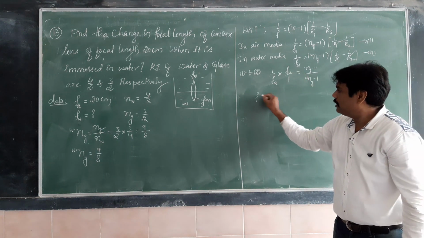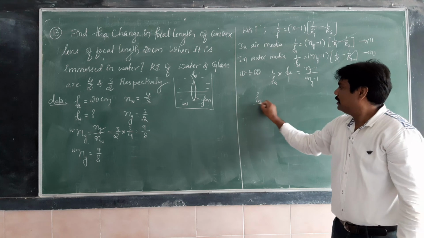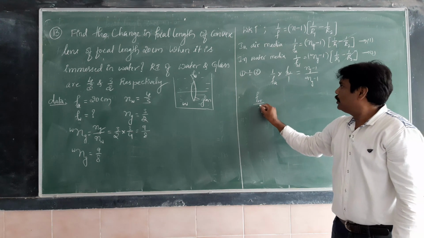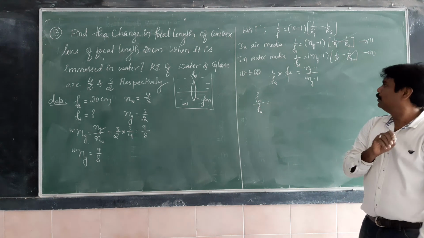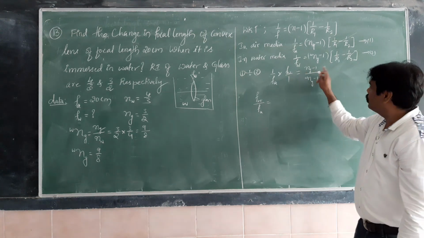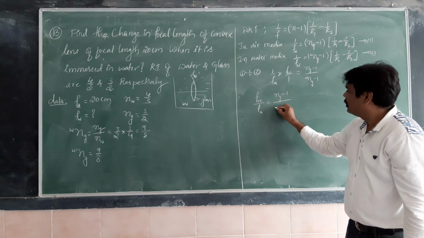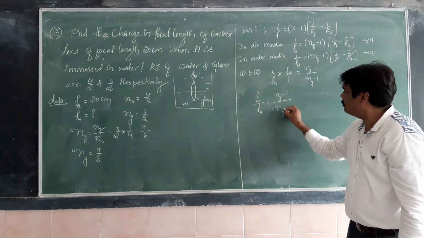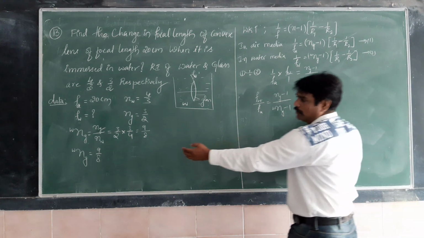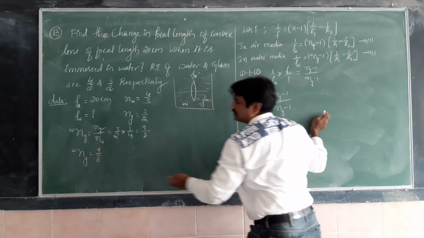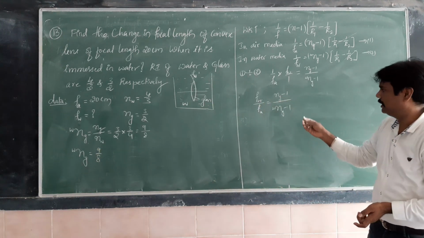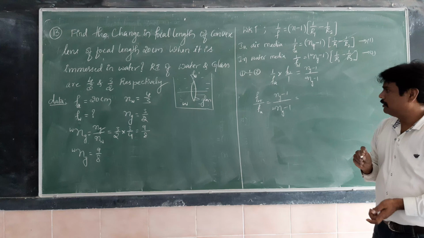So the formula can be written in the next step as Fw divided by Fa is equal to (ng minus 1) whole divided by (nwg minus 1). We already calculated the value of nwg, the refractive index of glass with respect to water. Now I am substituting values.